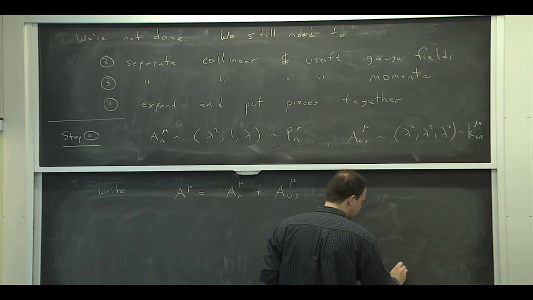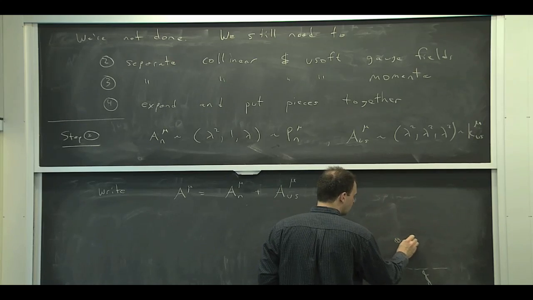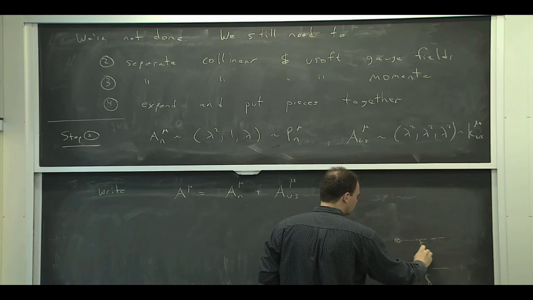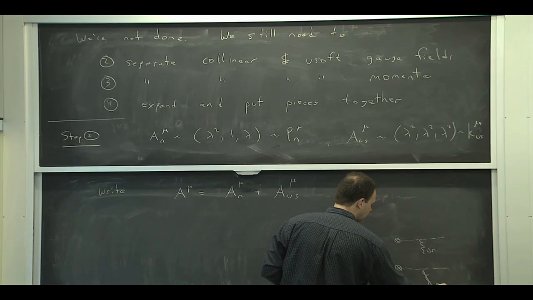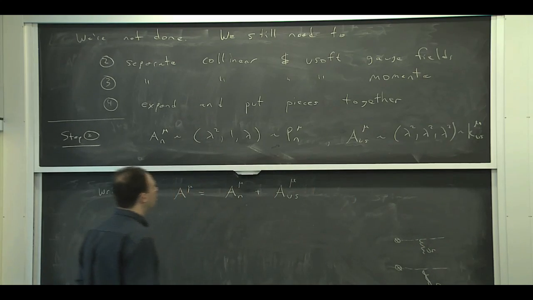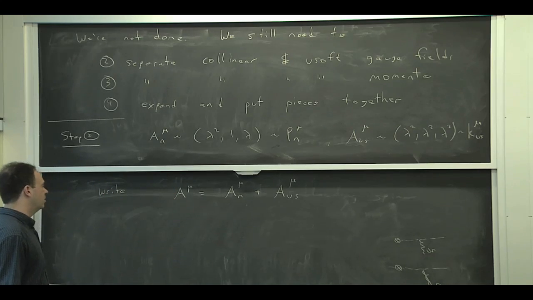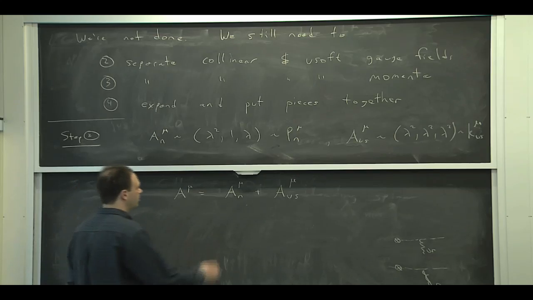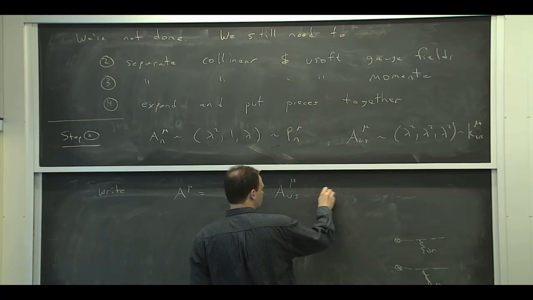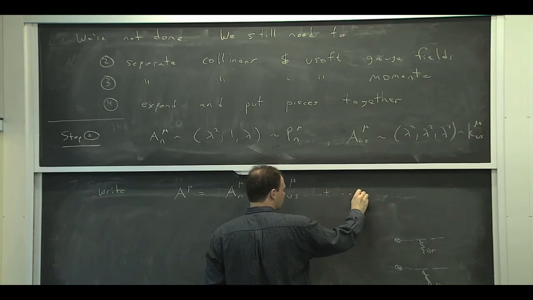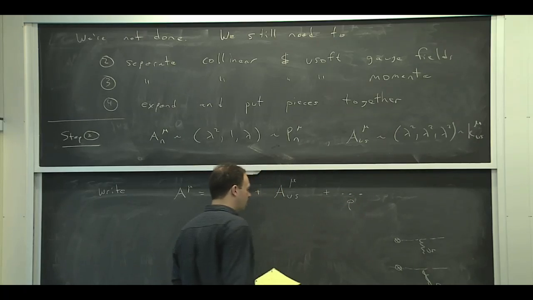So if we drew Feynman diagrams before, we had this one, and we had this one, ultrasoft, collinear. And we just consider one at a time, so we could just think of adding them. And that's kind of almost true. It turns out that it's true up to some terms that we don't care about for the moment.